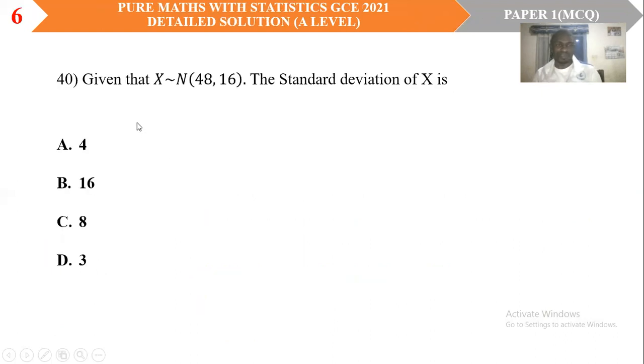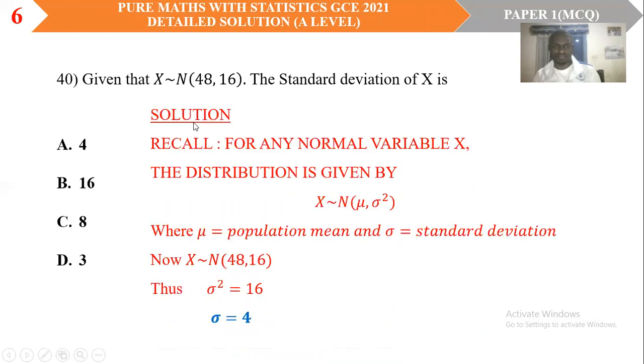Question 40. Given that x is normal with mean 48 and variance 16, the standard deviation of x is. Recall, for any normal variable x, the distribution is given by x normal with mean mu and sigma squared, where mu is the population mean and sigma is the standard deviation.